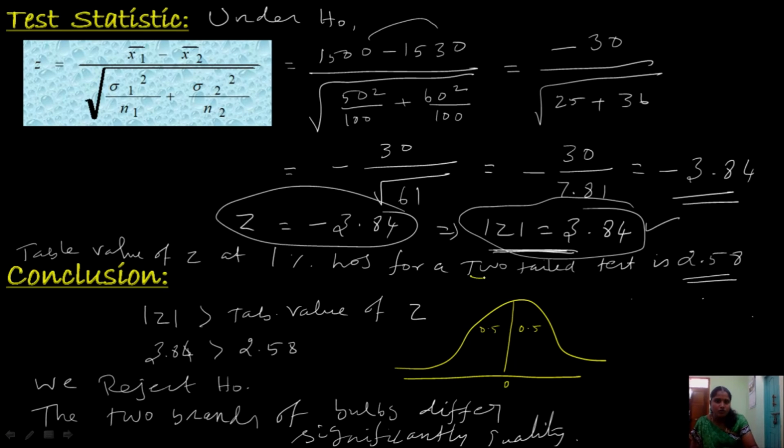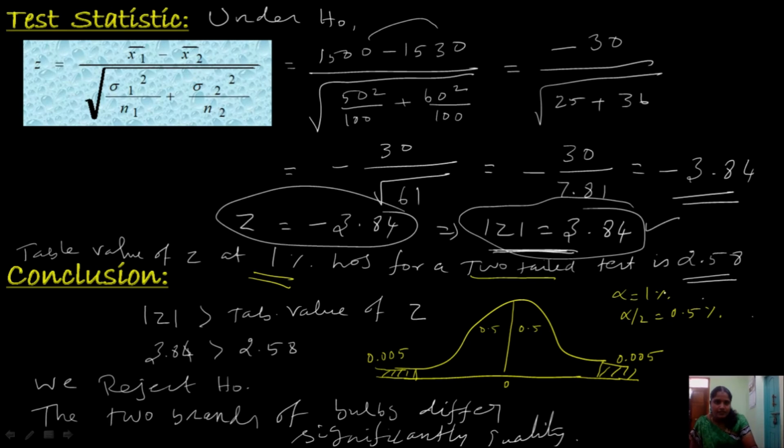Since we have followed the two-tailed test at 1% level of significance, the rejection region falls in the two tails of the curve. Here alpha is 1%, so alpha by 2 is 0.5%, that is 0.005, so it occupies 0.005 area on both tails of the curve.